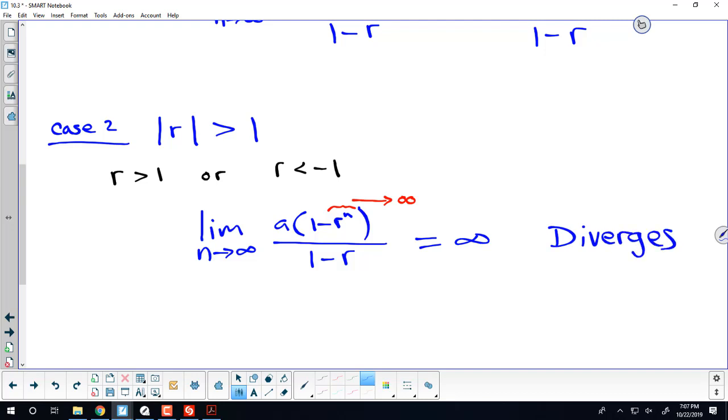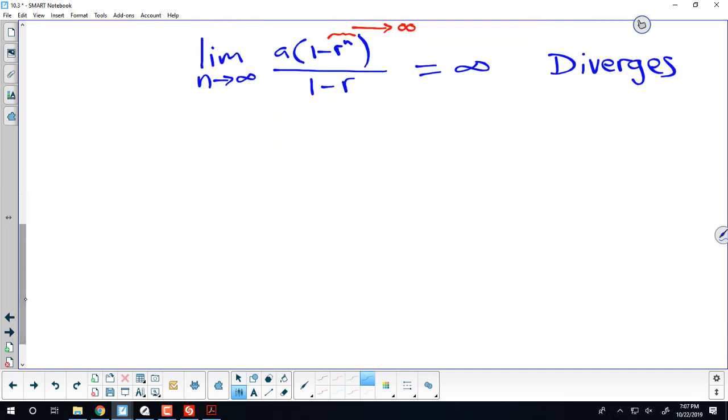In other words, we don't have a finite sum. I think the other cases can be answered just by looking at the series itself.